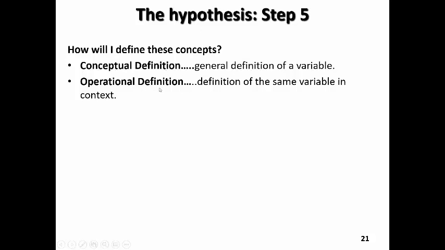An operational definition is defining that concept in a very specific way for one and only one research study. So it puts the conceptual definition in context of the research question.